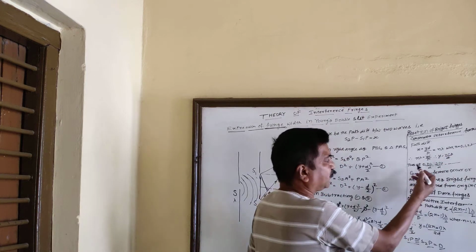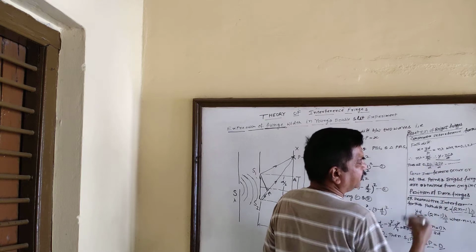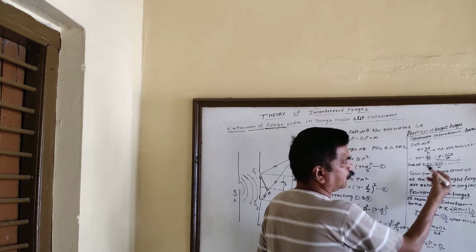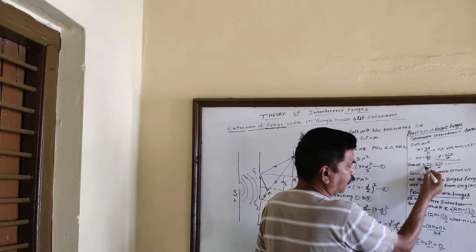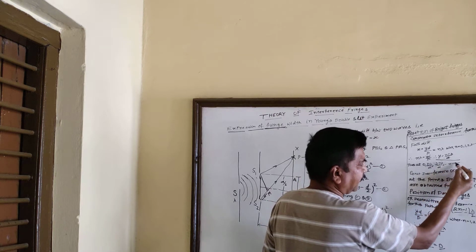On substituting this value, you will get y is equal to n D lambda by d, and then when you substitute n is equal to 0, 1, 2, 3 and so on, you get 0, D lambda by d, 2D lambda by d, 3D lambda by d and so on.